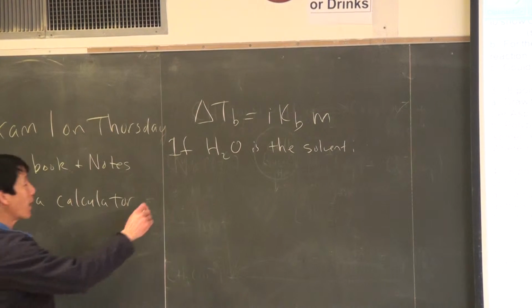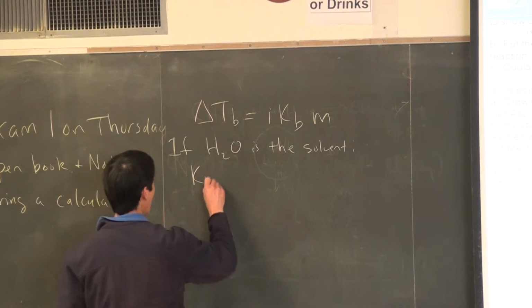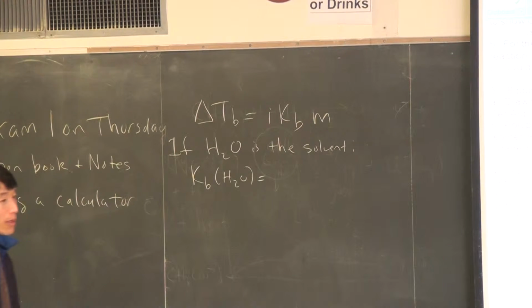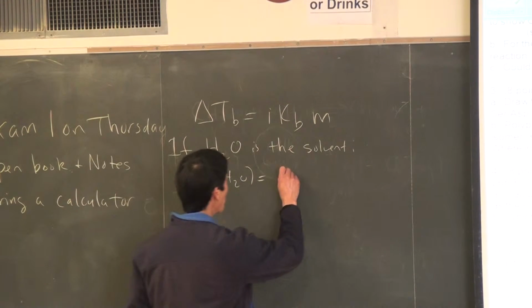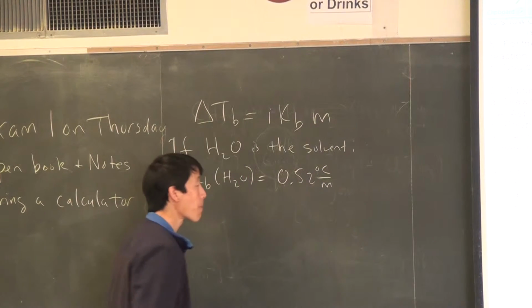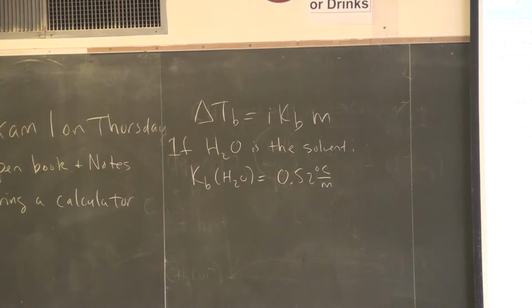Yeah, so that means that Kb for water, that's from table 13.2, Kb for water is, what was it? 0.52. And let's see, do we know anything else? Do you know what the i value is?